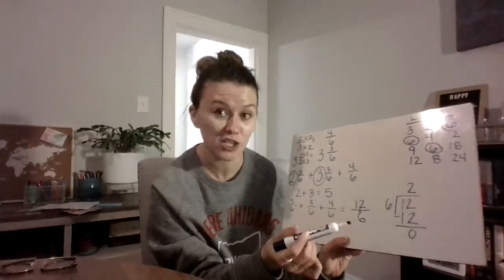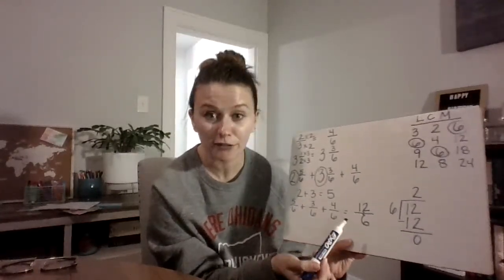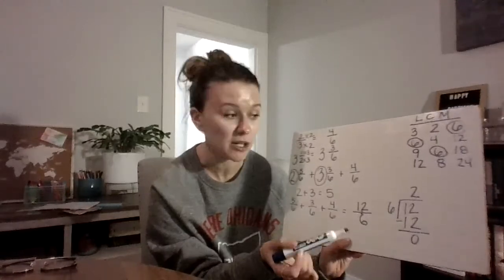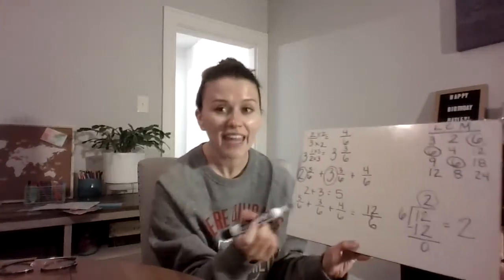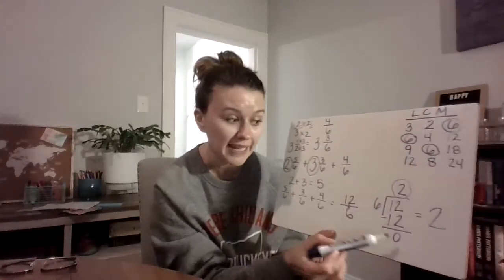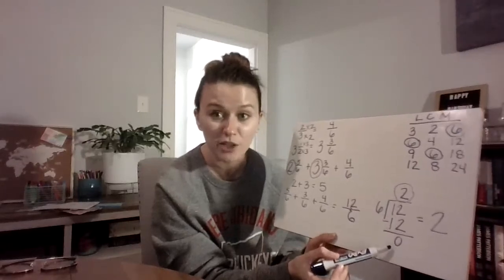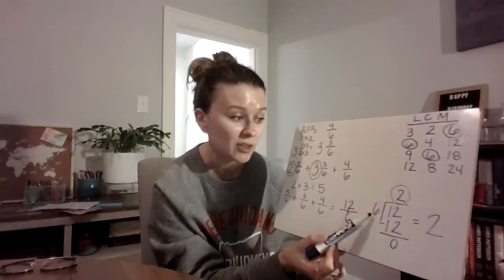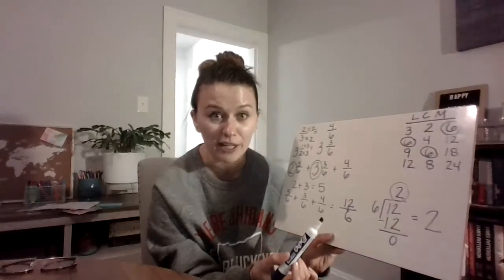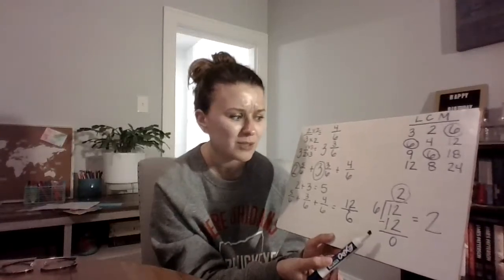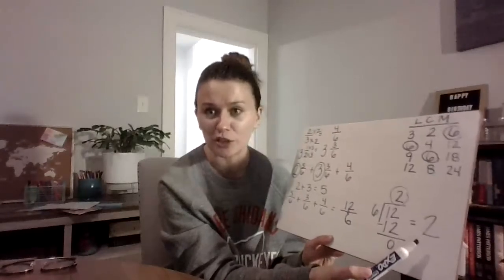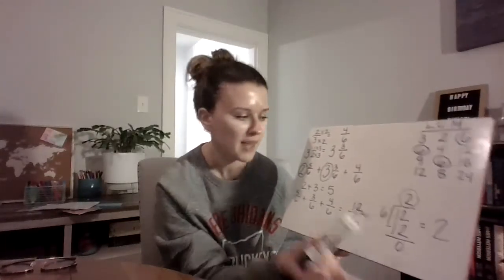Now, when you use division to turn those improper fractions into mixed numbers, your quotient right here is your whole number, and then your fraction that remains, your remainder would be the numerator, and your divisor is the denominator. But looking at this, we have no remainder, so 12/6 is just equal to 2, that whole number.